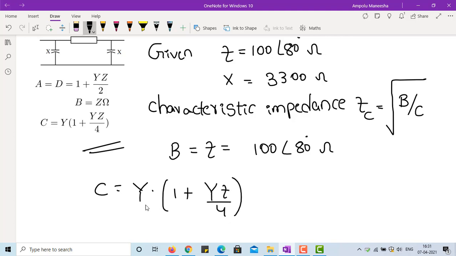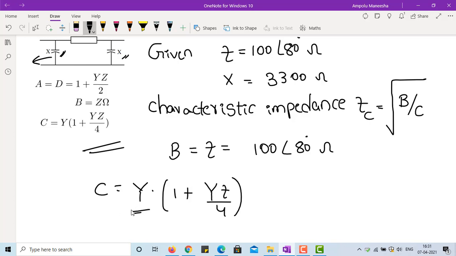Here Y is the susceptance of the pi transmission line, which is given by this expression. And we all know that half of the susceptance is equally divided across the transmission line.